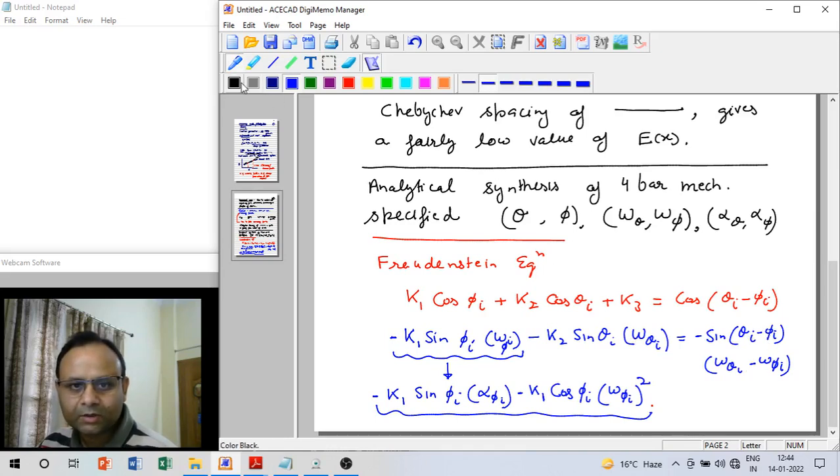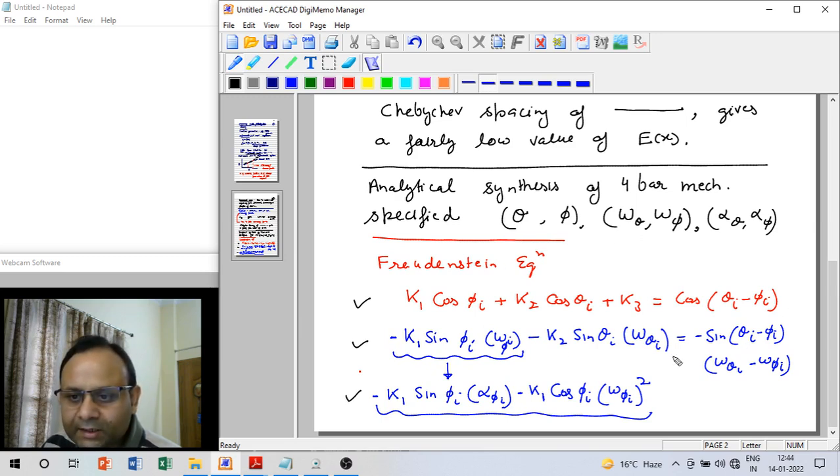Now if you look at these three equations, if you put the values of theta and phi in the first equation, you'll have cos phi and cos of theta minus phi. So there are three unknowns here, k1, k2, k3. In the second equation, you can put the given values of phi, omega phi, omega theta, whatever is given here.